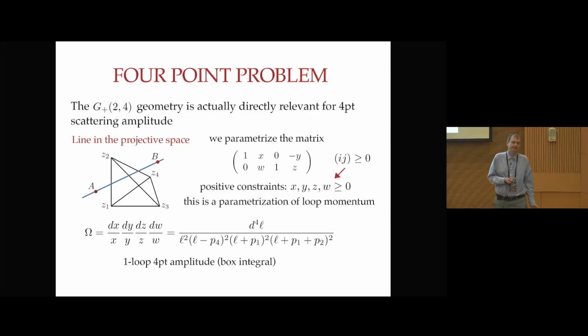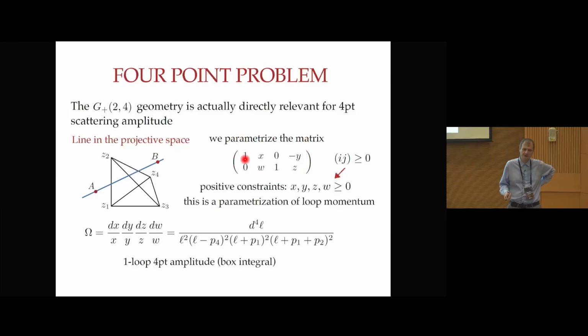We discussed this space G+(2,4) as the first non-trivial Grassmannian, the first generalization of polyhedra and polytopes beyond the case where the positive geometry is fully specified by boundaries. We can think about it, as I said, as a configuration of all lines in projective space. It's a 2x4 matrix.